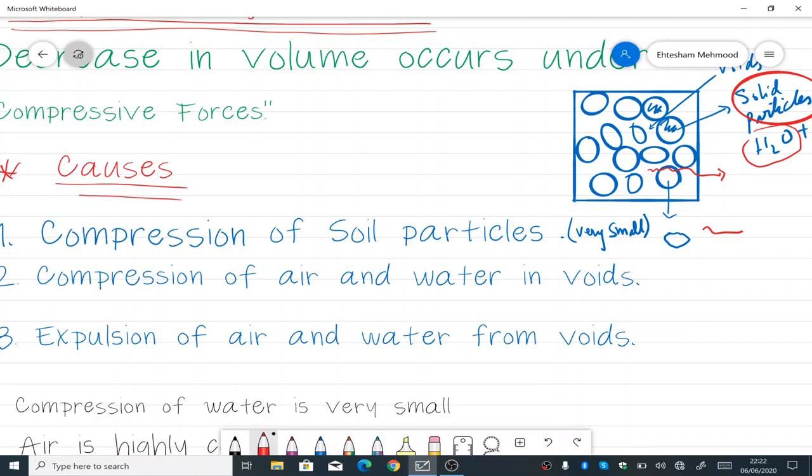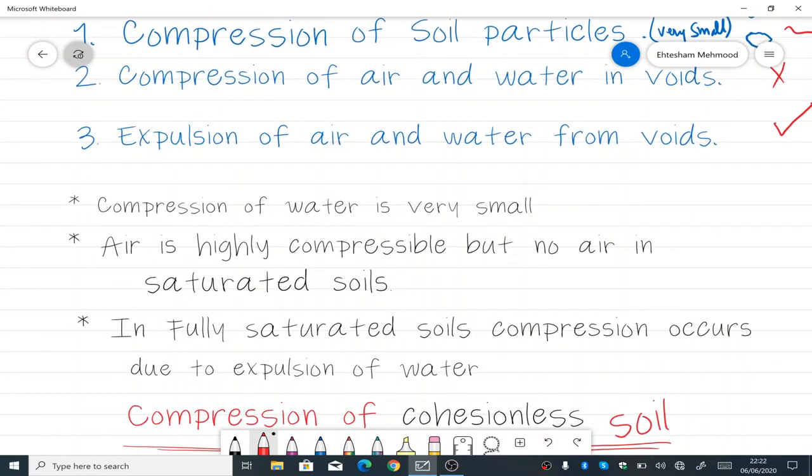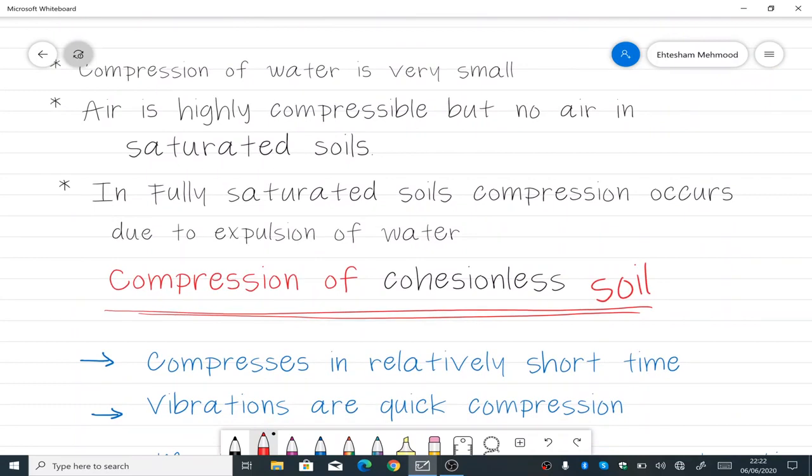Water is incompressible, so this cannot be a major reason in our case. Expulsion of water, however, is a good reason for the compressibility of a fully saturated soil. So in fully saturated soil, compression occurs mainly due to the expulsion of water.